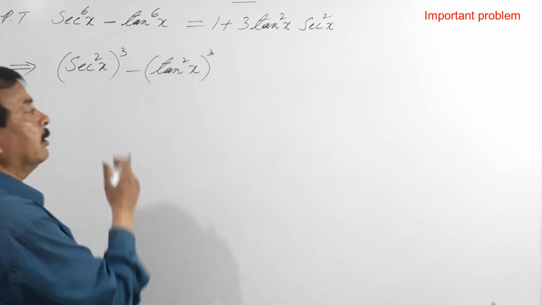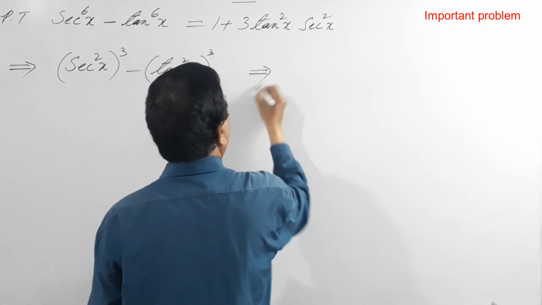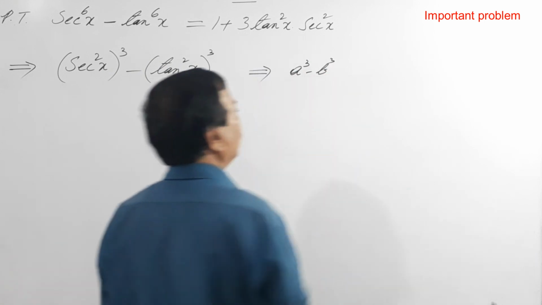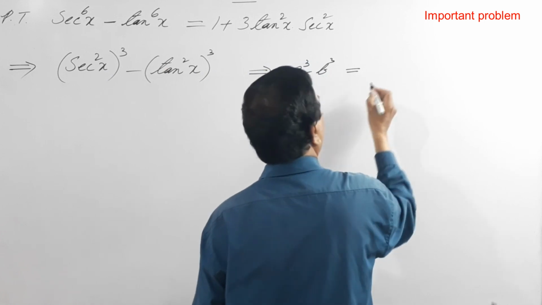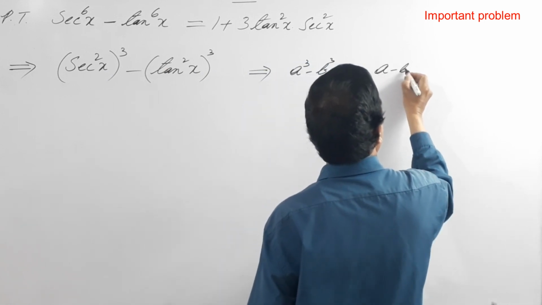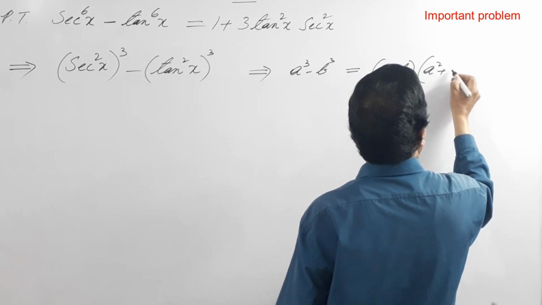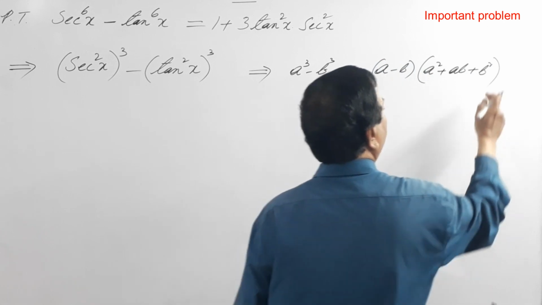So this is the form, this is nothing but a cube minus b cube, and the formula is a minus b into a square plus ab plus b square.